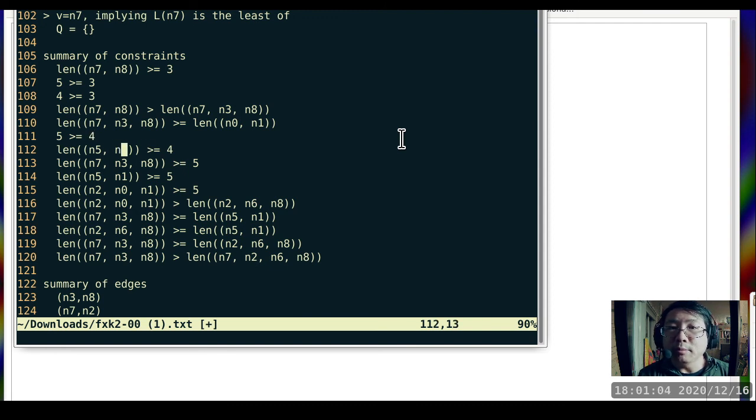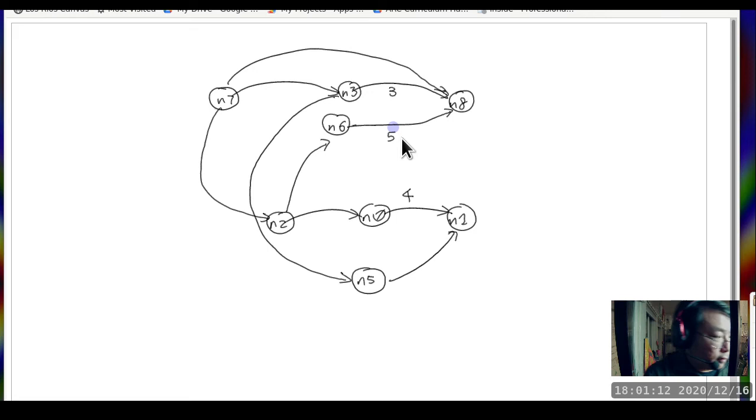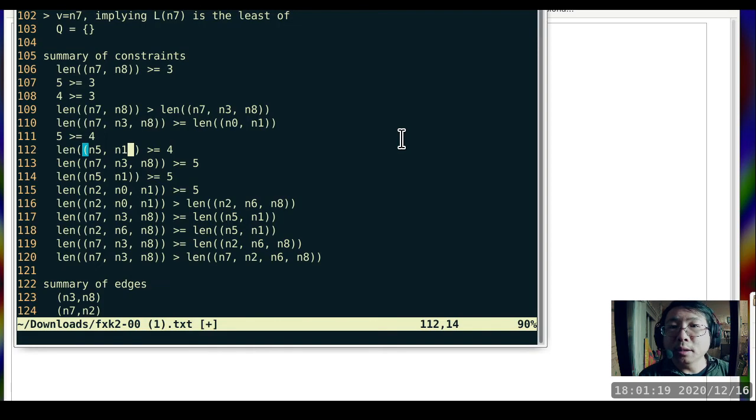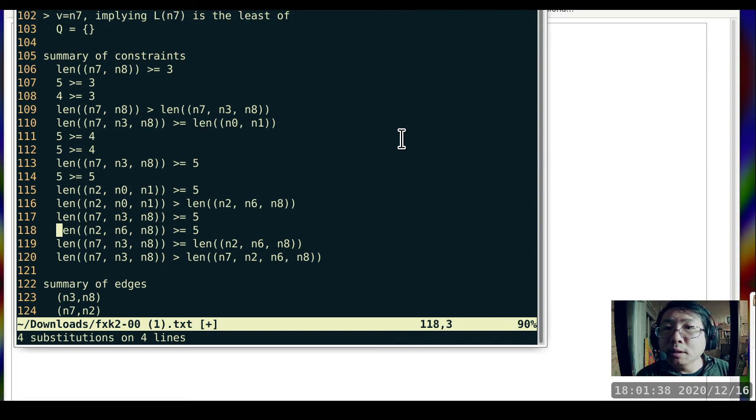So which means it can be 4, it can be 5. So we'll go ahead and see if 5 will work out. So let's switch back to the graph. N5, N1. We'll put a 5 here. All right. So now we replace all of those from line 112 to line 121. Substitute the length of N5 to N1 with 5. All right, so that seems to work out.